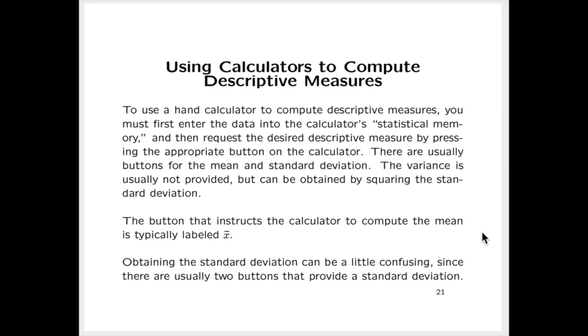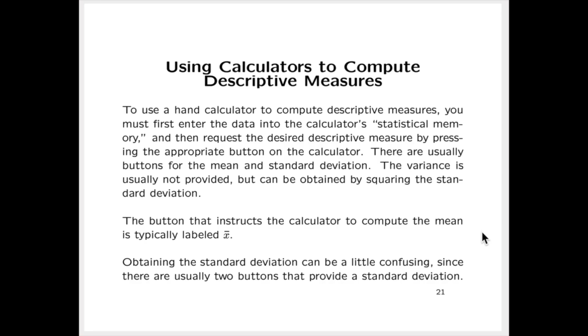The variance is usually not provided but can be obtained by squaring the standard deviation. So whereas if we were calculating the measures of dispersion by hand, we would calculate the variance first and then from that calculate the standard deviation, when we are using the statistical functionality of the calculator, it will give us the sample standard deviation, or I'm sorry, the standard deviation.